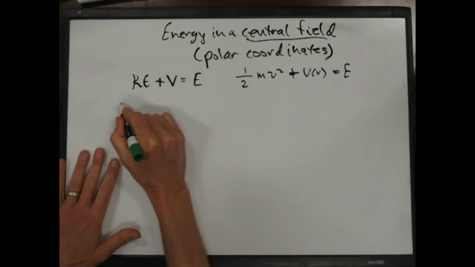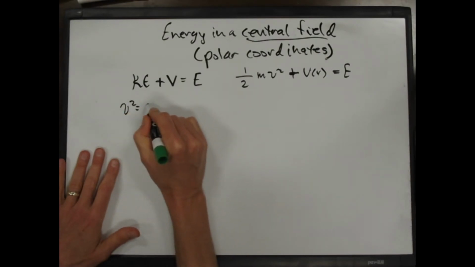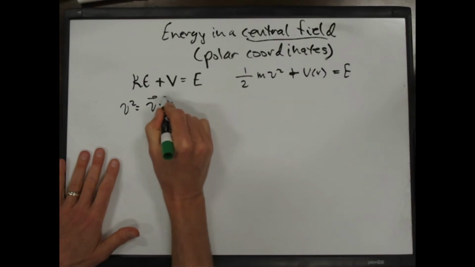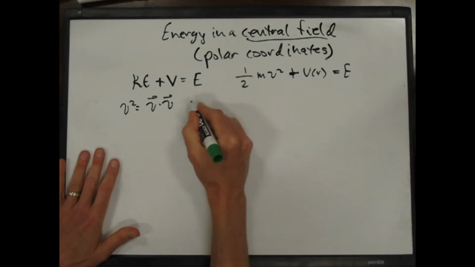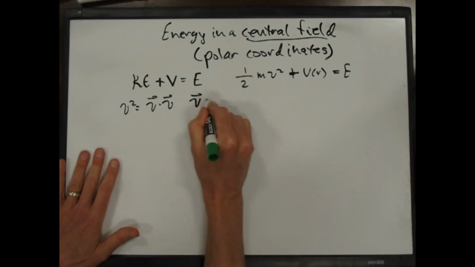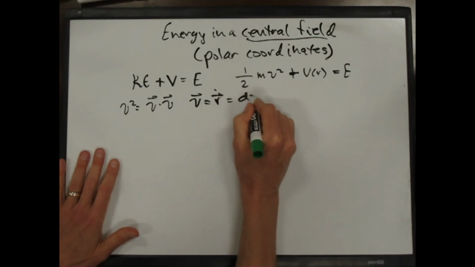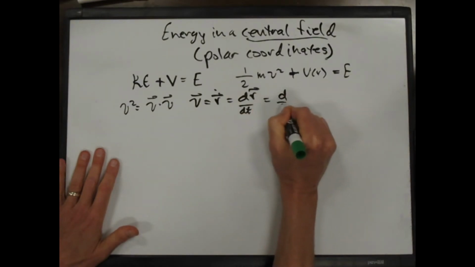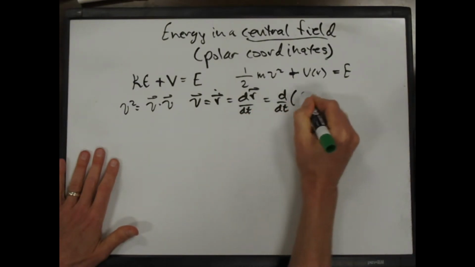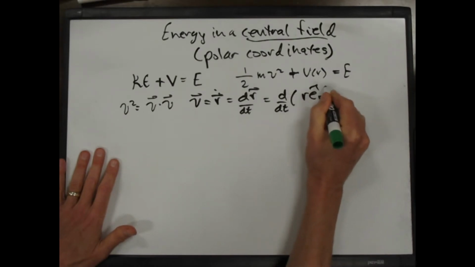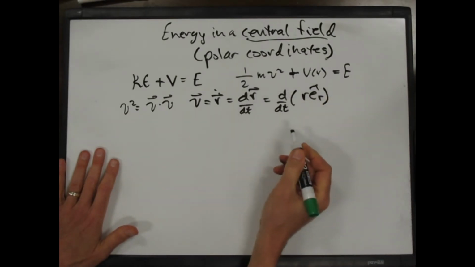And so v squared is just v dot v, right? And v is equal to r dot, which is dr dt, and that's equal to the time derivative of r e hat r, right? And we've done this already.